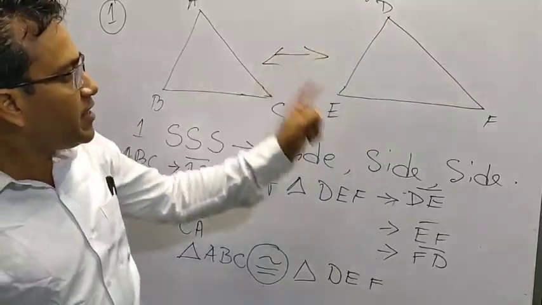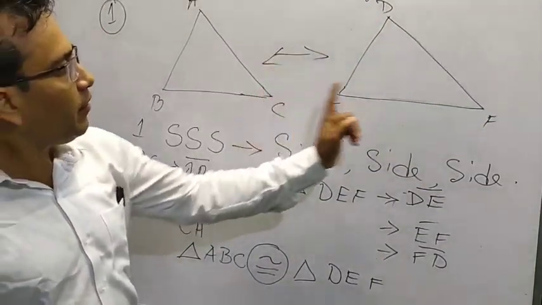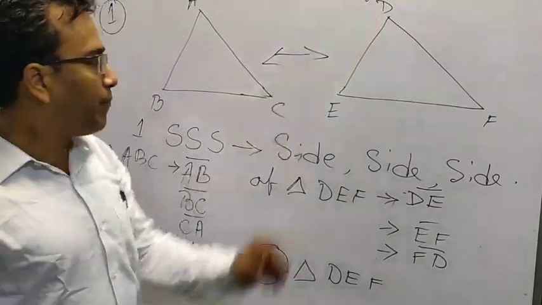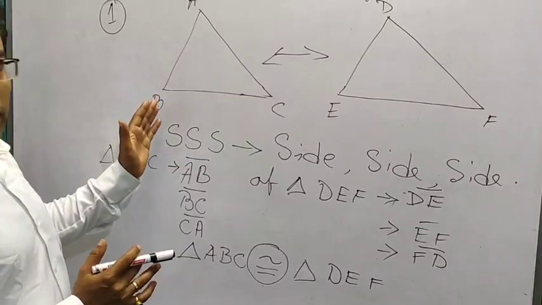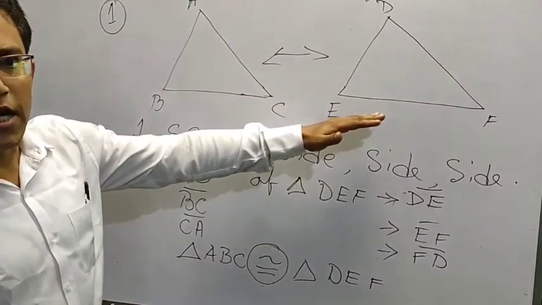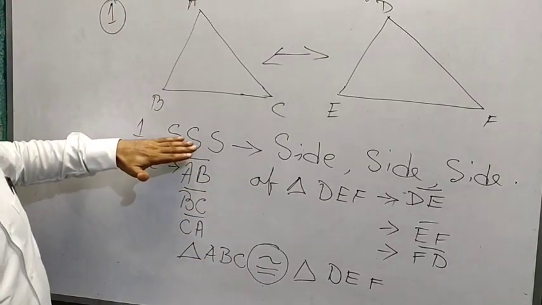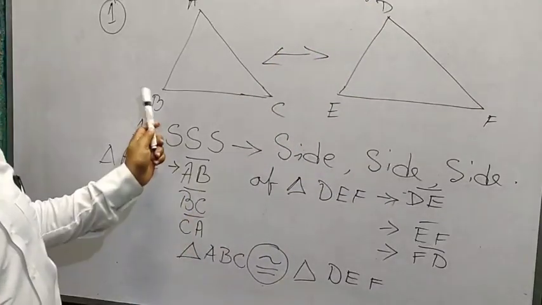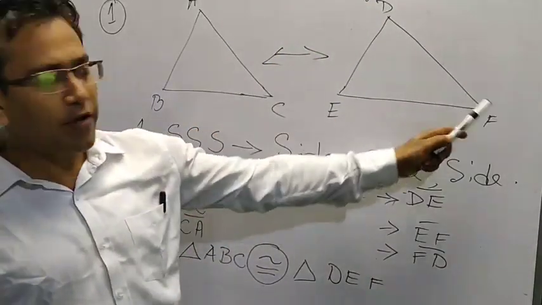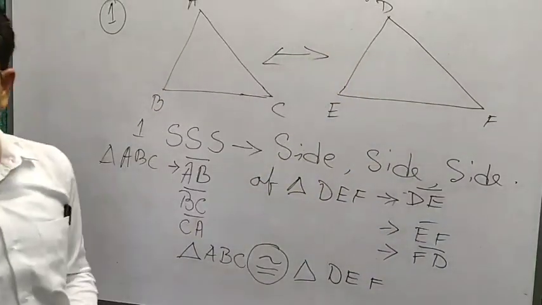Another triangle DEF also has three sides DE, EF and FD. If we compare the three sides of ABC with the corresponding three sides of DEF, we can say AB equals DE, BC equals EF and CA equals FD.